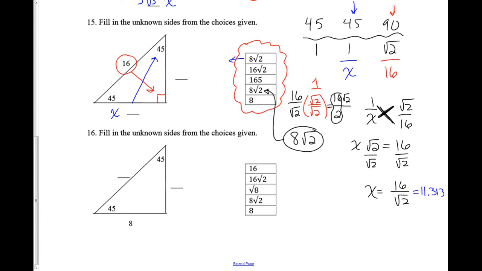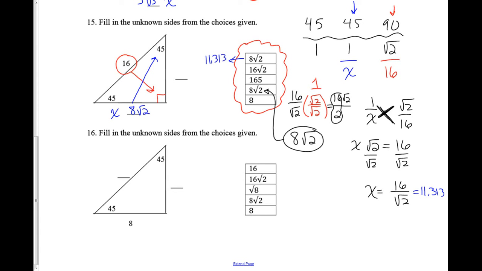This answer, 8 times the square root of 2, is actually the same. It's 11.313. Now, I could calculate all the other values, but this is the one that I'm looking for. So, without rationalizing the denominator, I now know that x is 8 times the square root of 2.